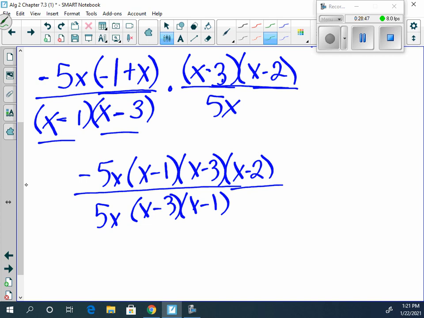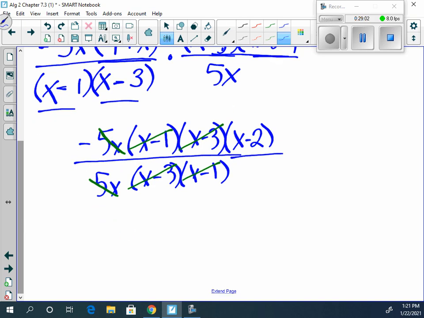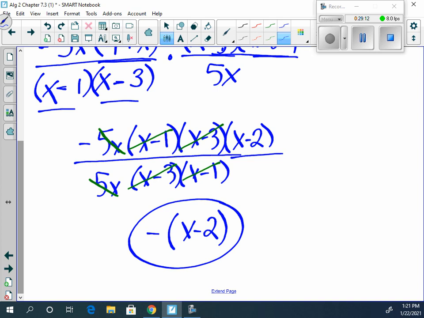Well, the x minus 1s would cancel. And the 5x would cancel. And when we cancel all that, all we're left with is what? Negative x minus 2, because that's the only thing that's going to be left over.